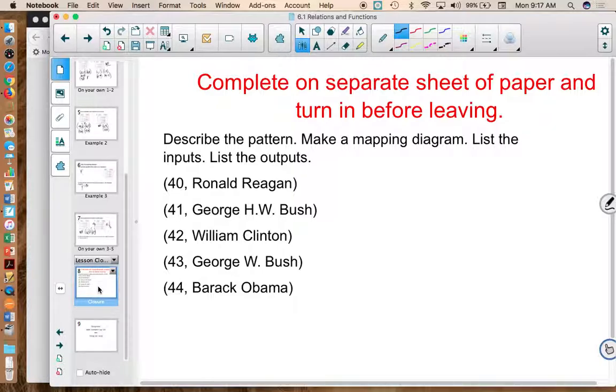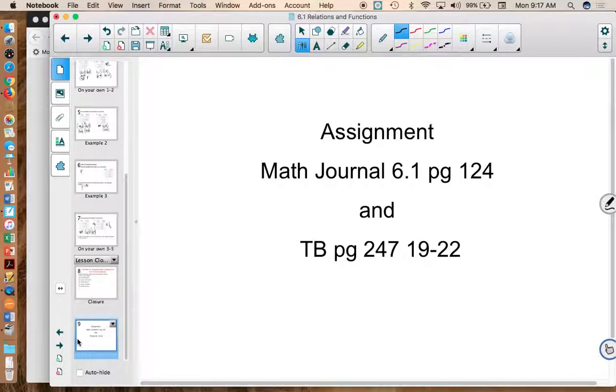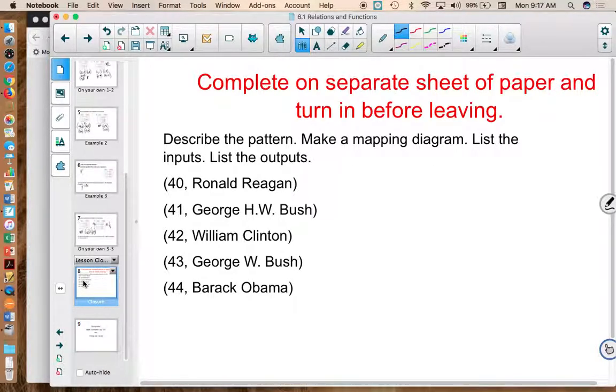That's going to get handed in to me. Then on the next slide, just so you know where it's at, is your assignment. But I want this before you do the assignment. That way I can see if you're understanding what we're doing. And you've got another 5, 10, 15 minutes to work on your assignment once you get that done. Okay, so that needs to be on a separate sheet of paper because you're going to turn it in.